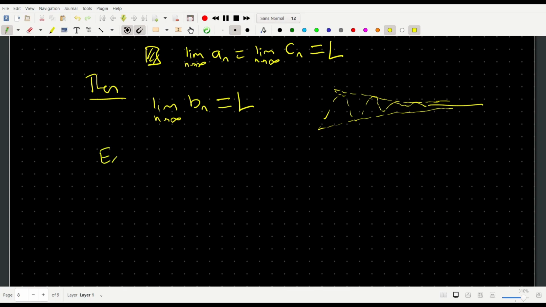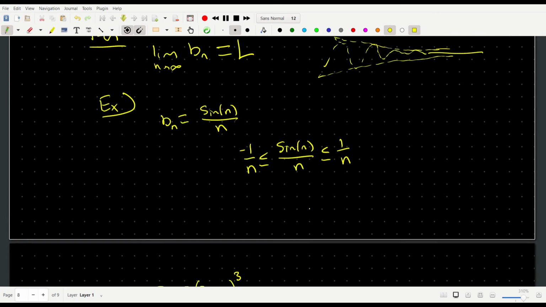A very common example of this theorem is the sequence b_n equals sine of n over n. We know that sine of n over n will always be bounded above by 1 over n and below by negative 1 over n.